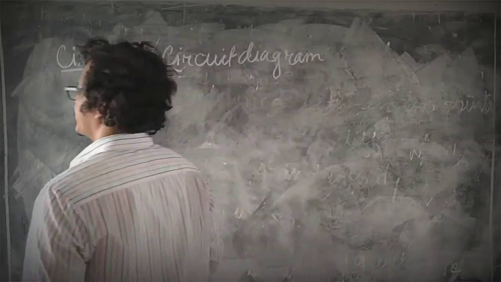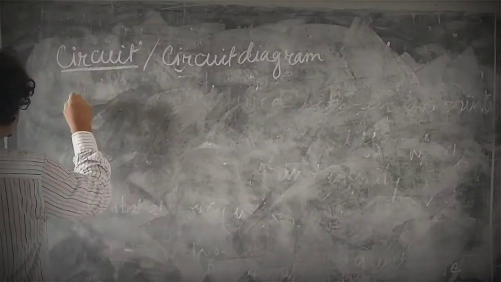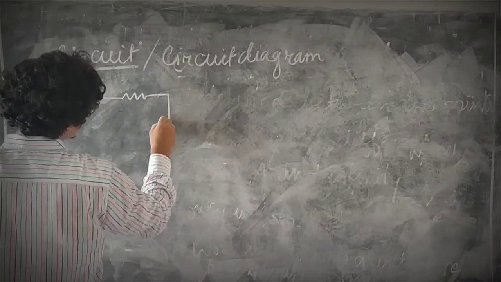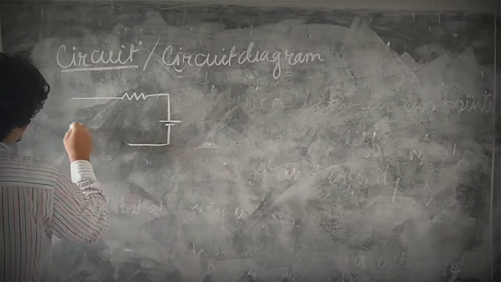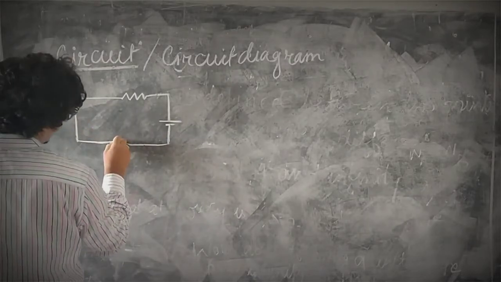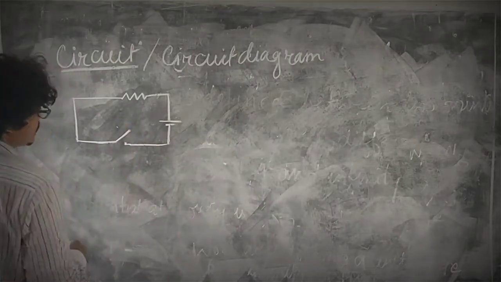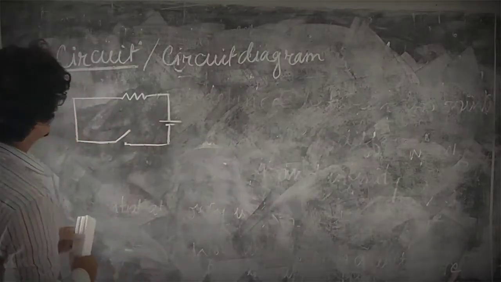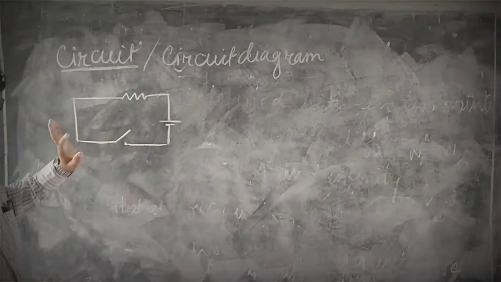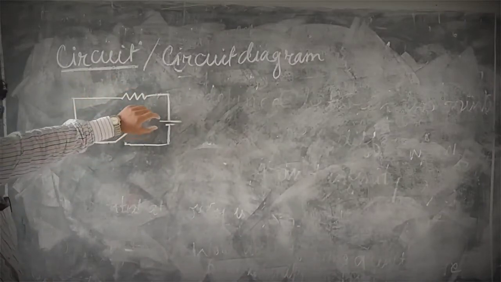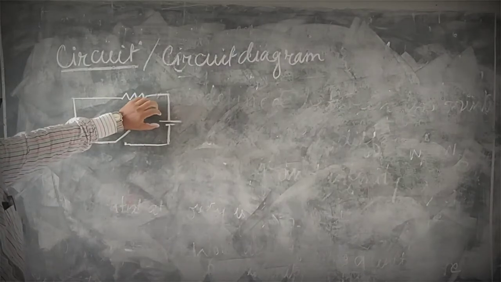What is a circuit? A circuit is a closed continuous path in which current flows. In the circuit, at least one source of energy should be there and one load should be there.